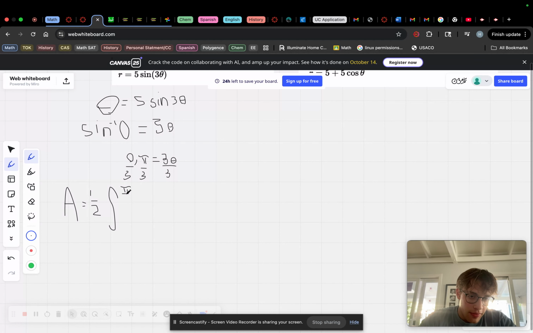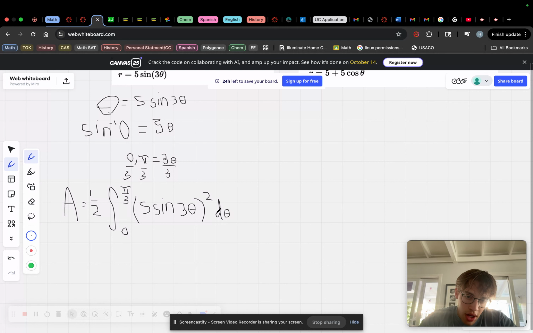And then we have our equation, which is 5 sine 3 theta. Then we square this whole thing, and we integrate in terms of theta.